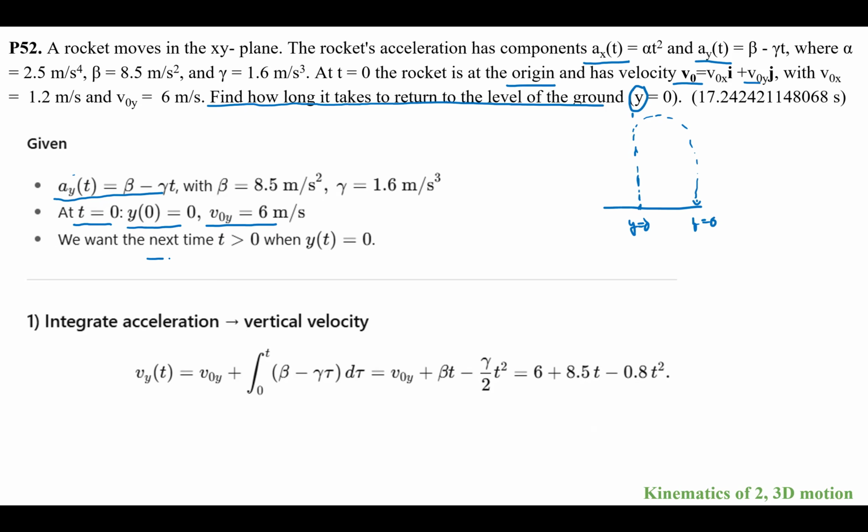We want the next time t, positive and not equal to 0, when y(t) becomes 0. So this is the same as this one. Once again, acceleration is given, so we can find the velocity by integrating and putting the initial velocity there. And then we get these equations.